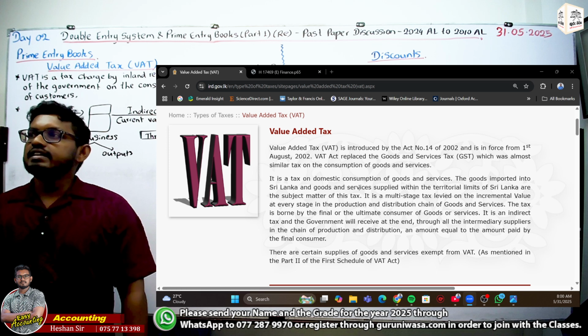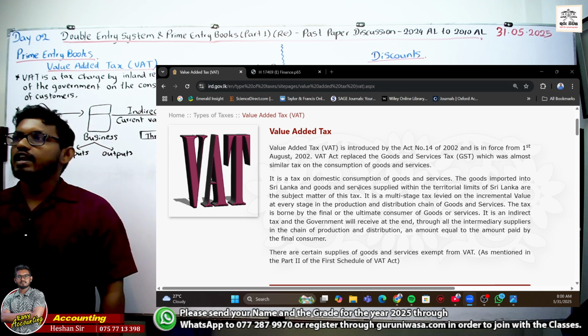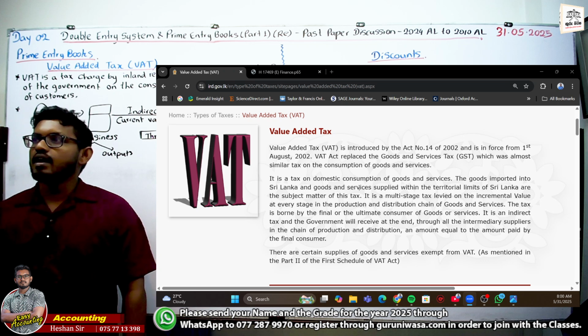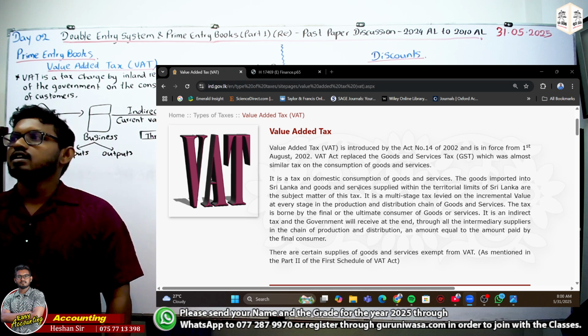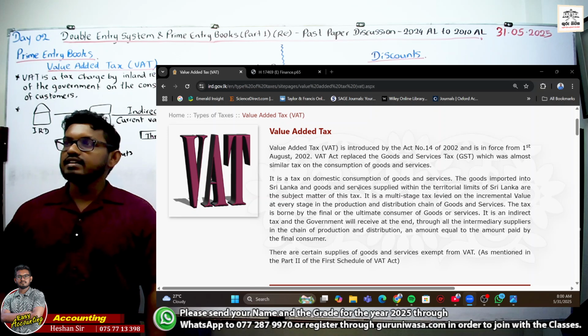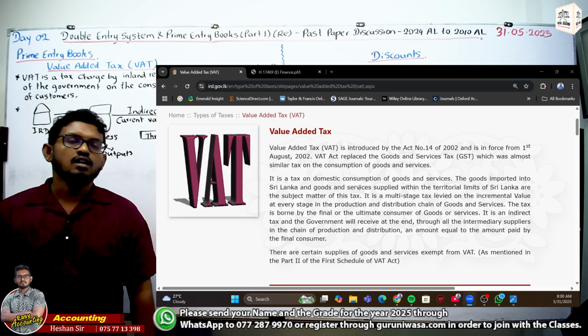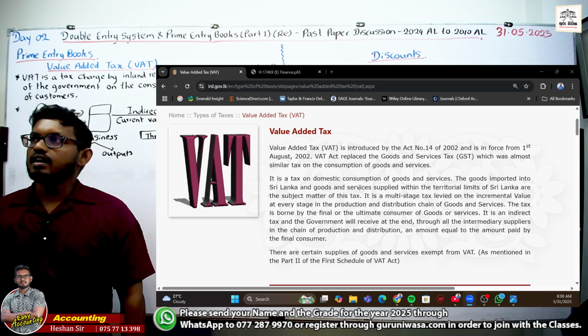It is a multi-stage tax levied on the incremental value at every stage in the production and distribution chain of goods and services. This tax is borne by the final or ultimate consumer. Borne කියන්නේ දරනවා. Consumer තමයි දරන්නේ, right?